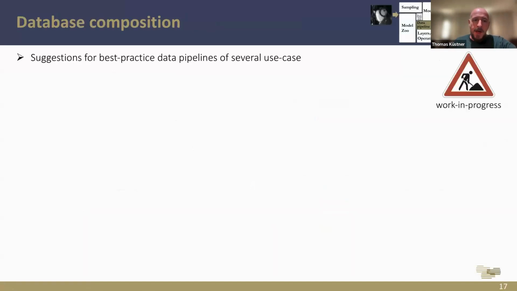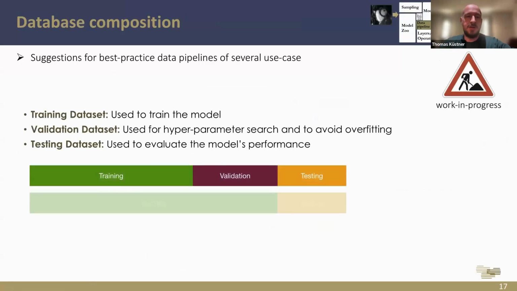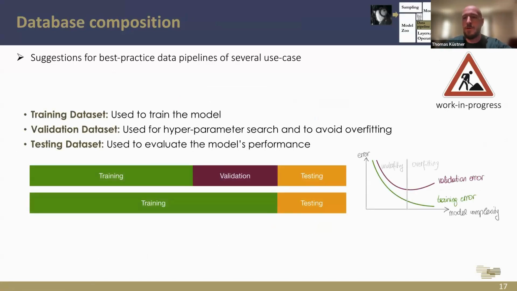Next is the data pipeline, and this is currently still work in progress because this is often very application dependent, but I want to show you a little of what we have envisioned. You get an easy means of importing your whole database cohort and a specific splitting into training, validation, and test based on certain criteria, obviously so that you avoid overfitting of your network.